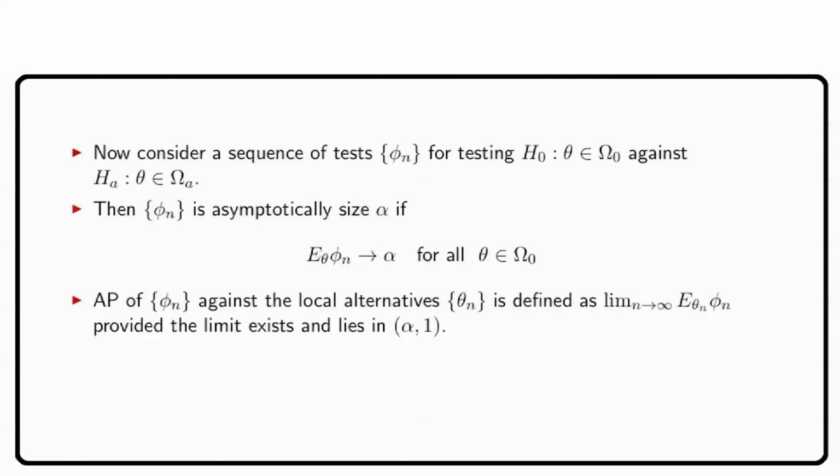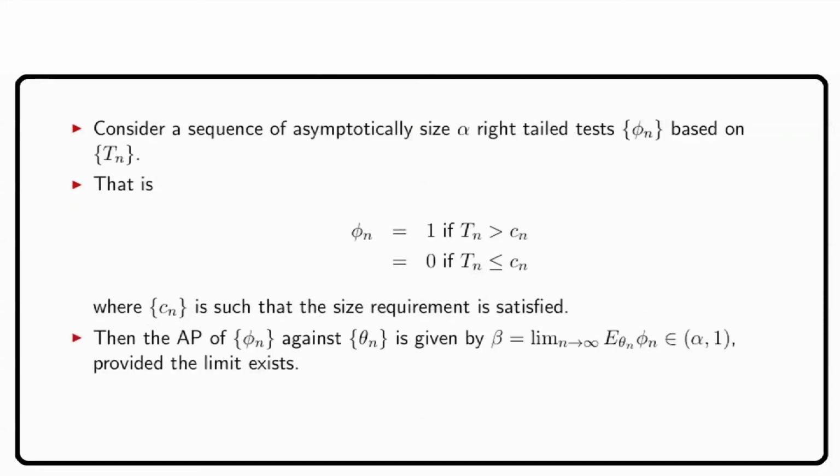However, determination of AP is not straightforward, and hence we provide below an equivalent expression considering some assumptions. Consider a sequence of asymptotically size alpha right tail tests phi n based on statistic Tn for testing H0 against HA, which have already been mentioned.